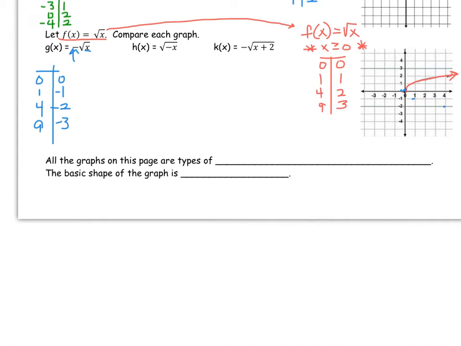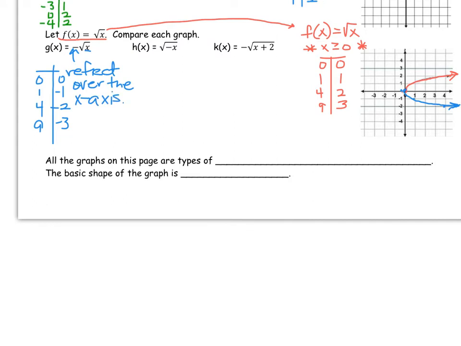And if we try to make this curve happen, notice it just kind of curves down below instead of up above. So when there's a negative on the outside, this will reflect over the x-axis. That's how you would describe the transformation.